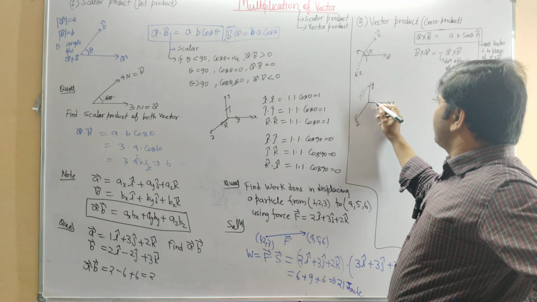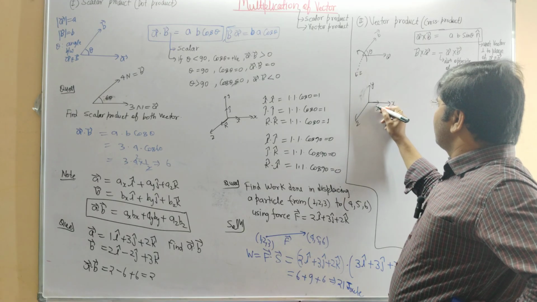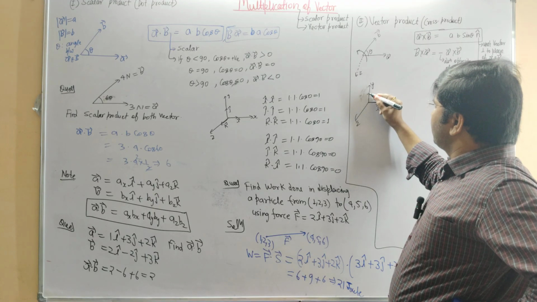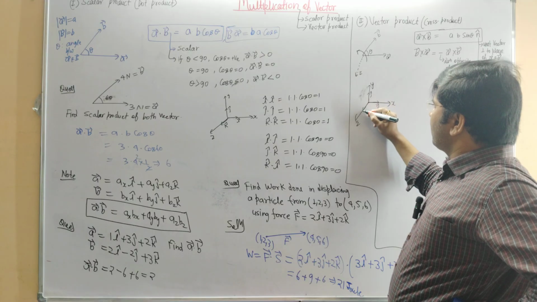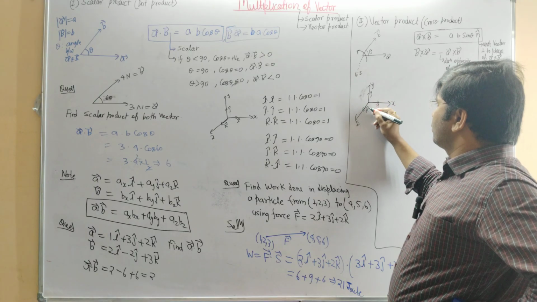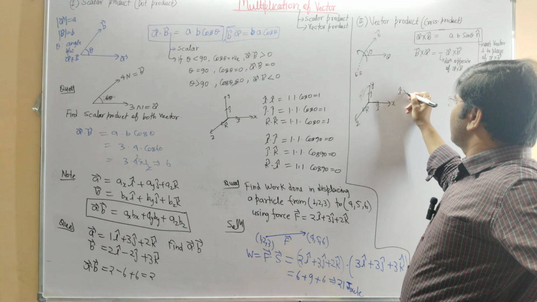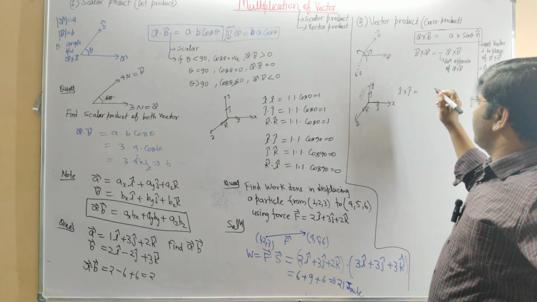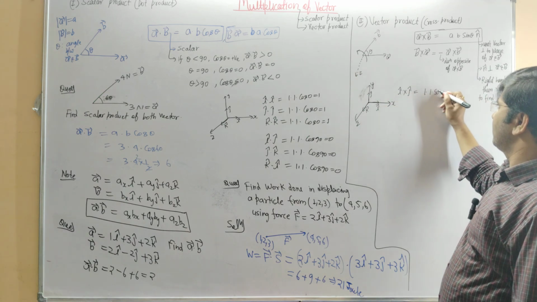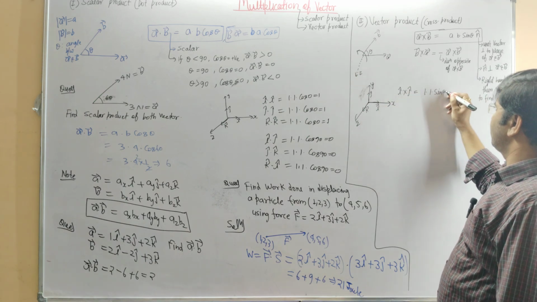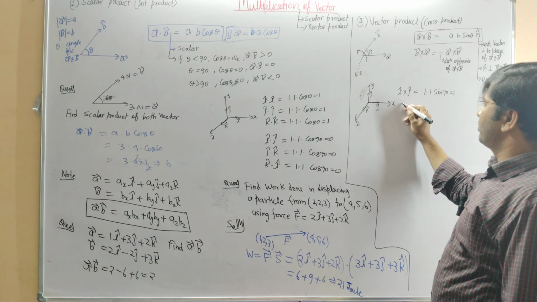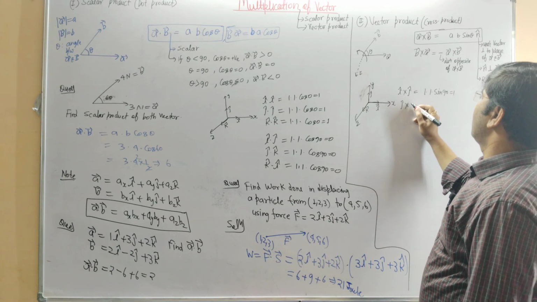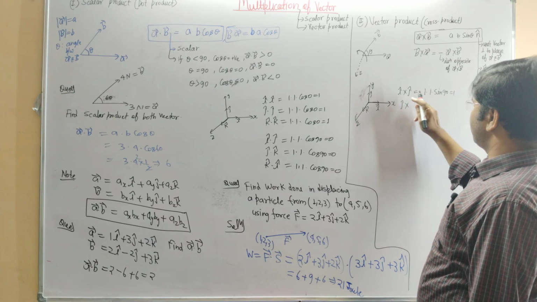The unit vector along x is i cap, along y is j cap, and along z is k cap. If I want to find i cross j, what is the angle between them? It is of course 90, so sine is 1 and this will be 1. Similarly j cross i.